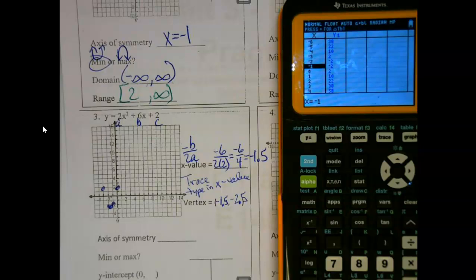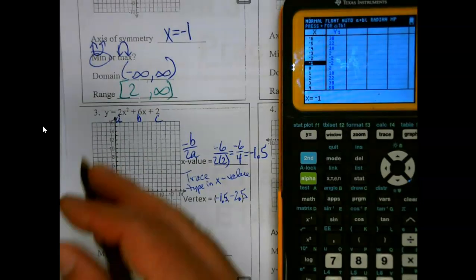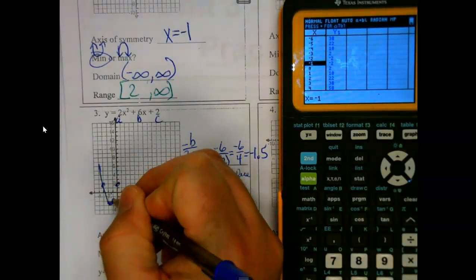And then we can just connect the dots. The only weird thing is the vertex itself. As long as I can fit it on my graph, I'm still going to go ahead and connect those points.